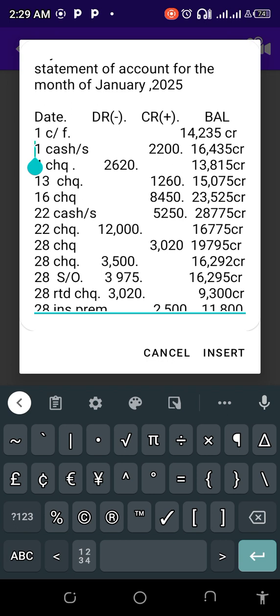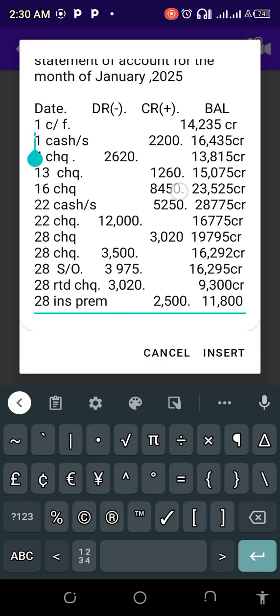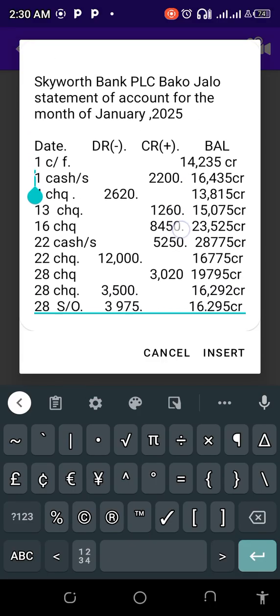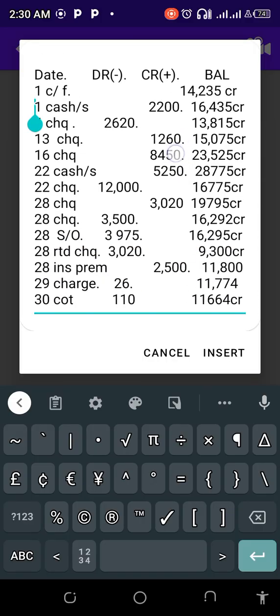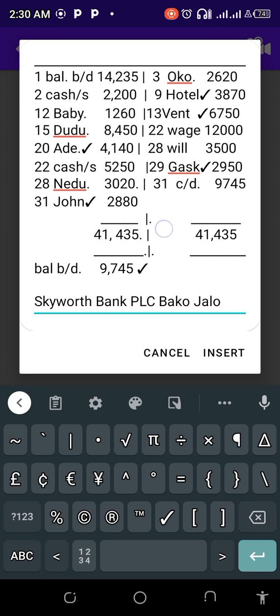Any item that is present in the credit side of the bank statement and is not present in the debit side of the cash book is a direct credit.